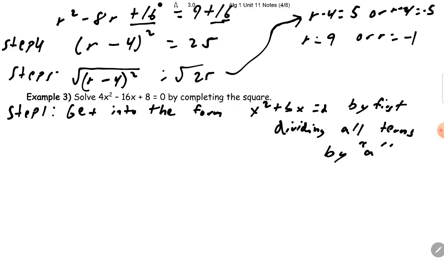So I have 4x squared minus 16x plus 8 equals 0. I want to change it into x squared plus bx equals d. So in order to do that, I need to divide all terms by the a value.